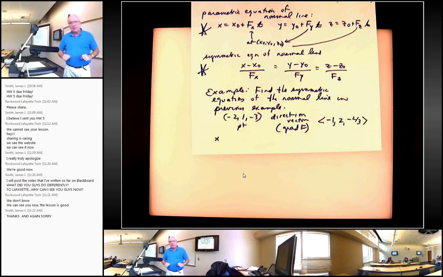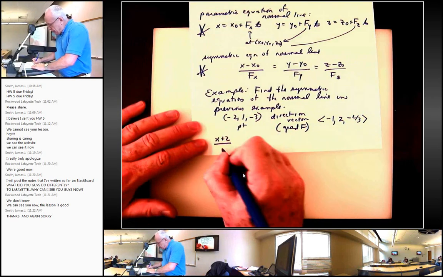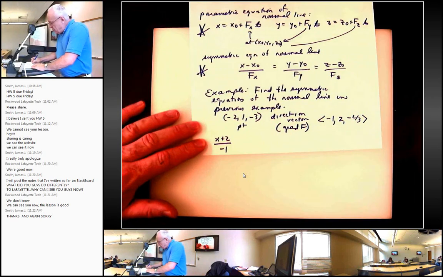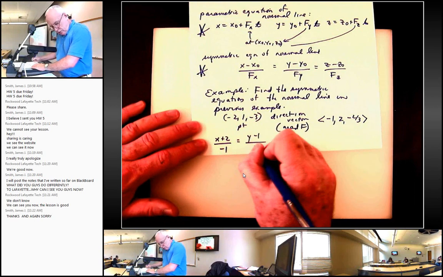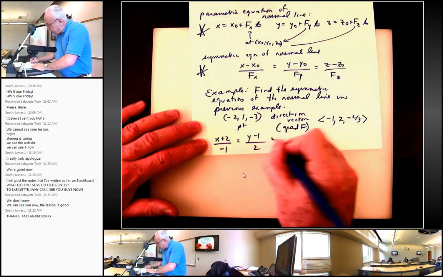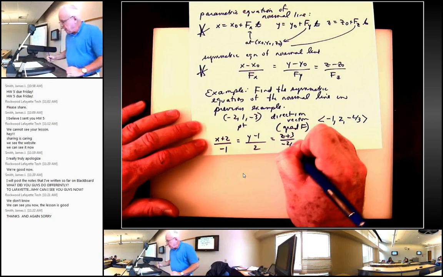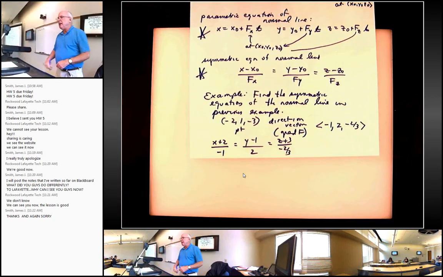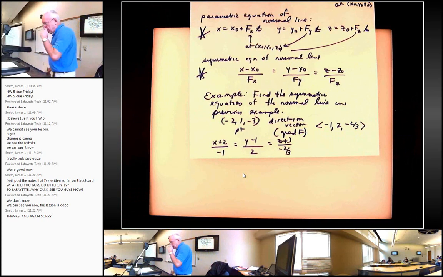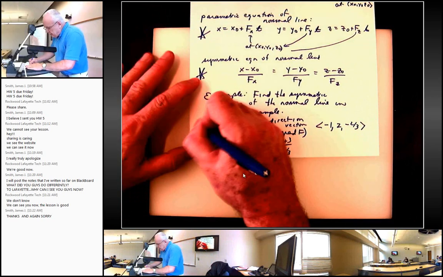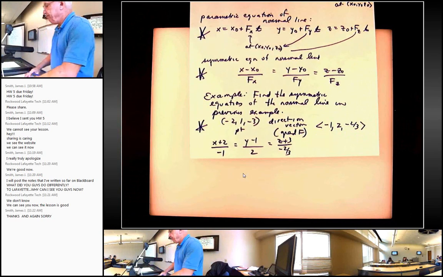Plus 2, change of sign, good. x plus 2 over my direction of minus 1 equals y minus 1 over my direction of 2 equals z plus 3 over my direction of minus 2/3. I'm not concerned with you simplifying that minus 2/3 in the denominator. That's fine. So an asterisk there. Make sure you know how to do this.